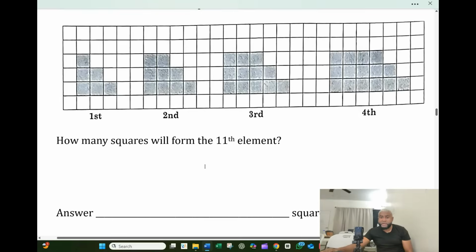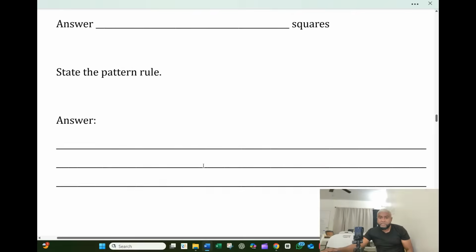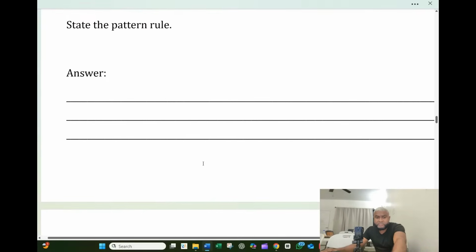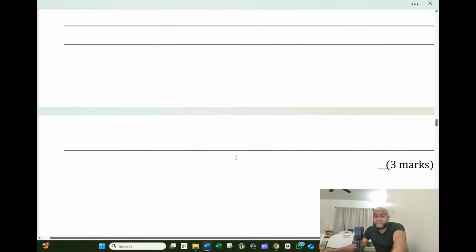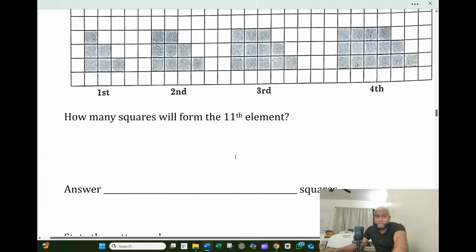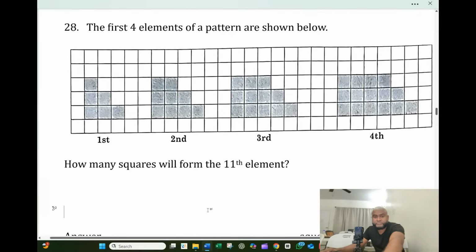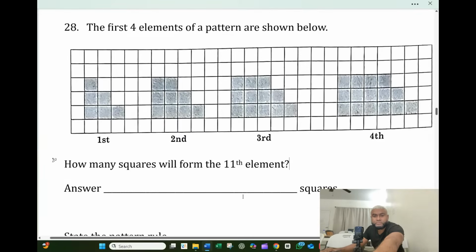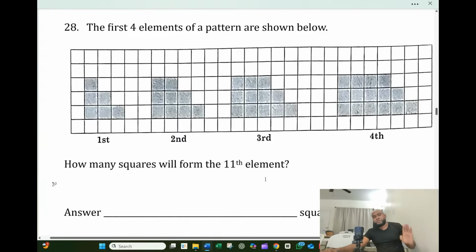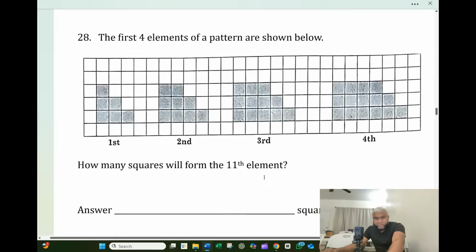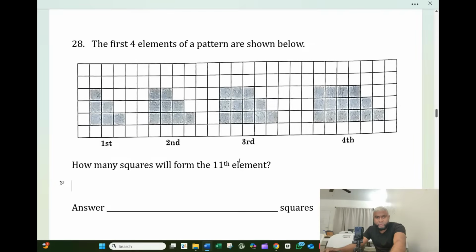Let's go. This question is how many marks? This question is 3 marks. I wonder if I should make this smaller, so you can see the whole question.